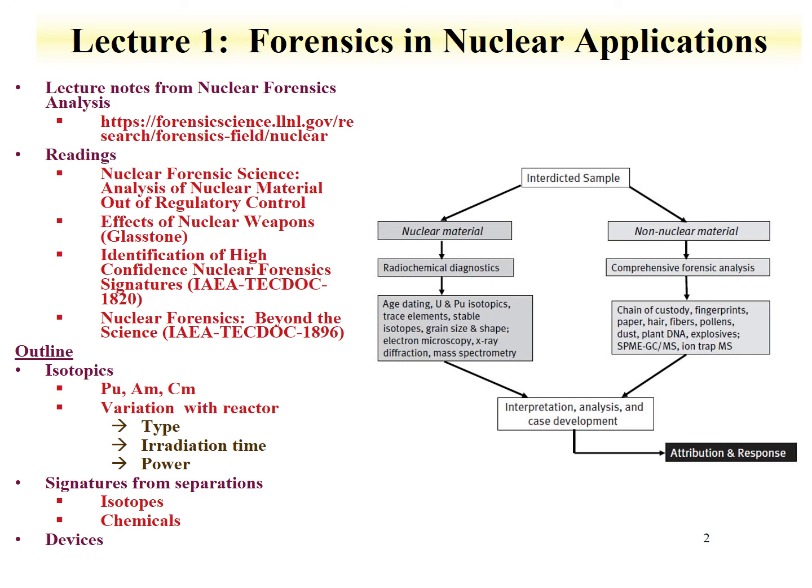This lecture is going to cover some of the tools and signatures used in nuclear forensics applications of nuclear materials. As an example, we'll discuss isotopics as a route for understanding the origin and production of nuclear material. We'll discuss plutonium isotopics, americium, and curium isotopics.